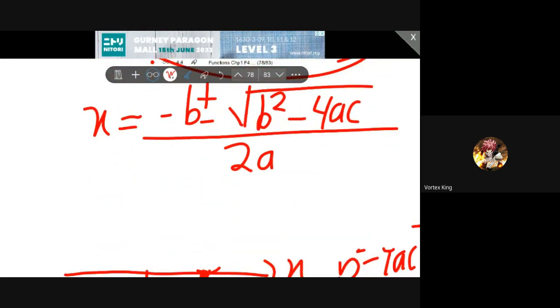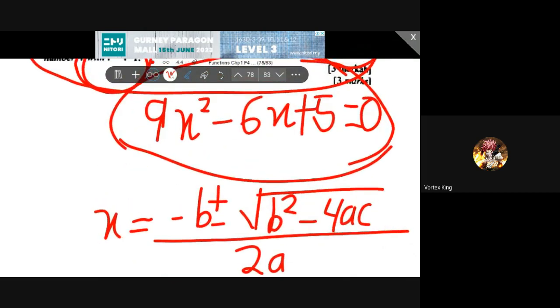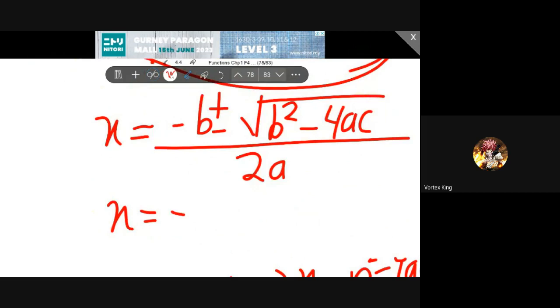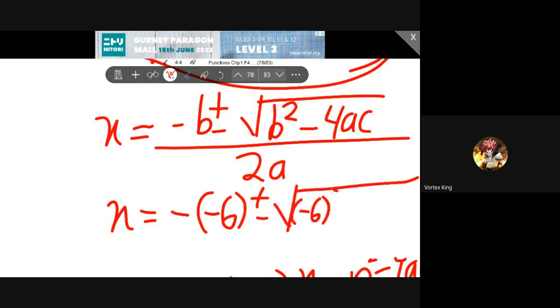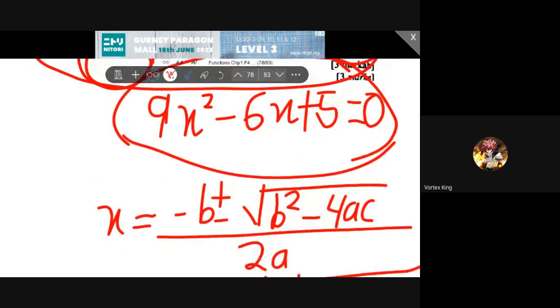Okay, so now we gantikan, okay? So X equals, just now B is what? -6. Yeah, -6. So make sure bubuh bracket. Jangan bubuh tanpa bracket tu. Square root -6 square minus 4A is what? A is, kan mana A? 9.